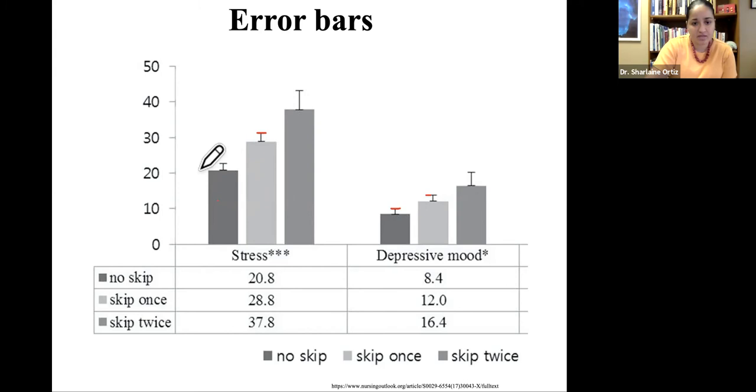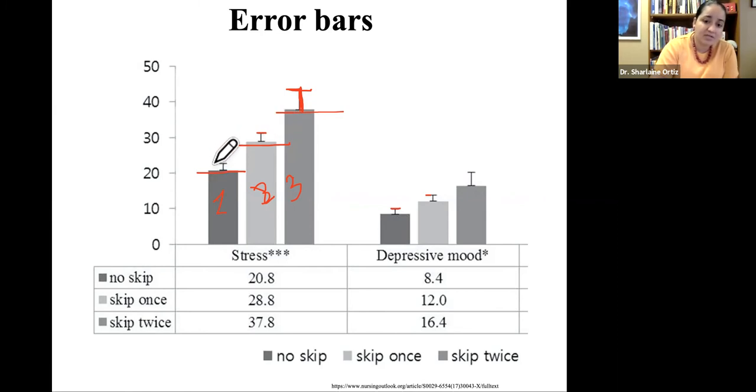So we have a difference clearly between this group and this group and this group. So we have differences between the three groups. But also, look how we have differences within the group, right? Because we have this difference here. We have the difference within the group that skipped twice. We have differences within the group that only skipped one time.